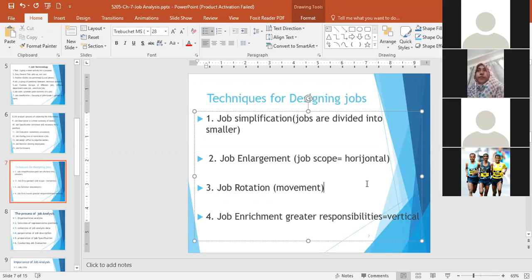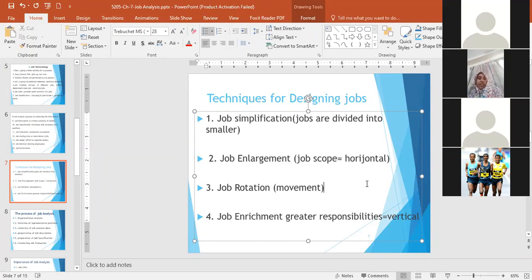Horizontally the scope is changed, okay? So job scope, in case of job enlargement, what happened? Horizontally, that means that your duties may be increased, okay? This one is job enlargement. And number 3, job rotation.